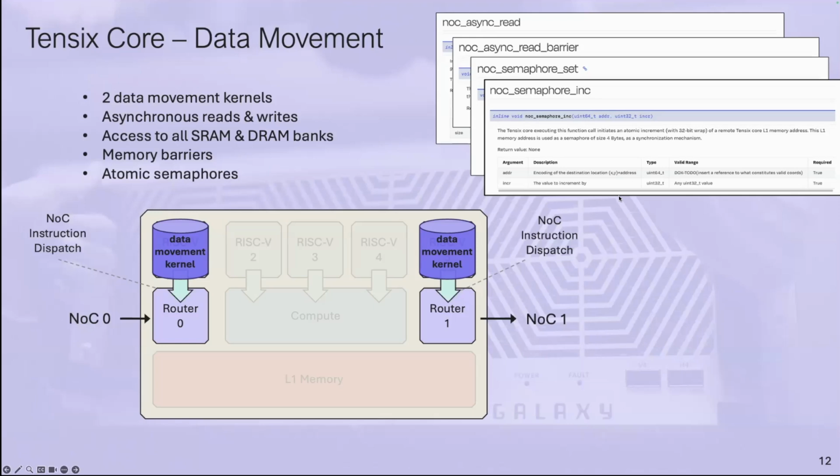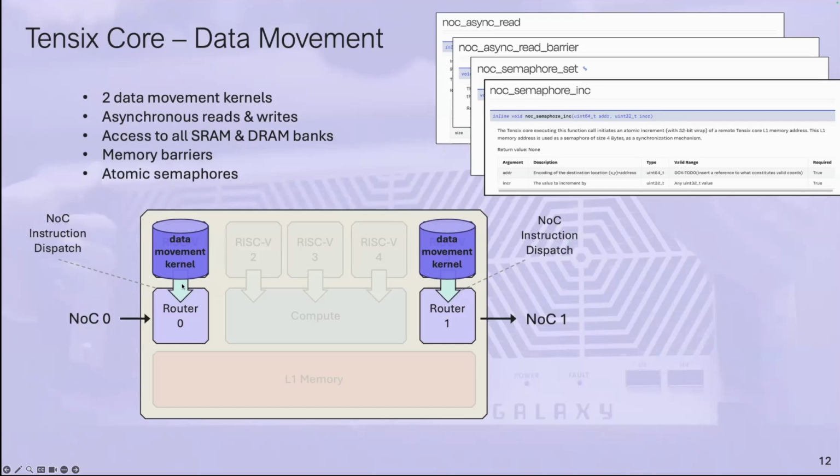Here, in our architecture, you could have multiple kernels on different Tensix cores, so multiple programs on multiple cores. You can also have fine-grained control of reading and writing to any SRAM within the Tensix core.